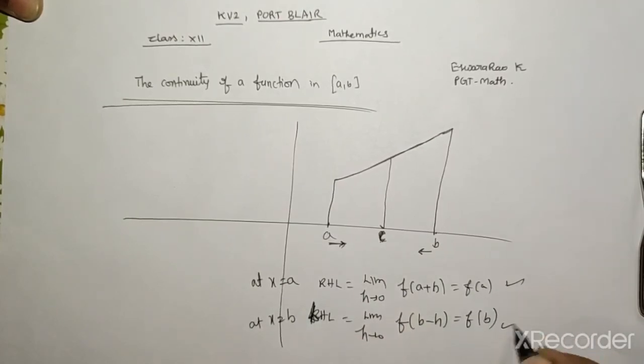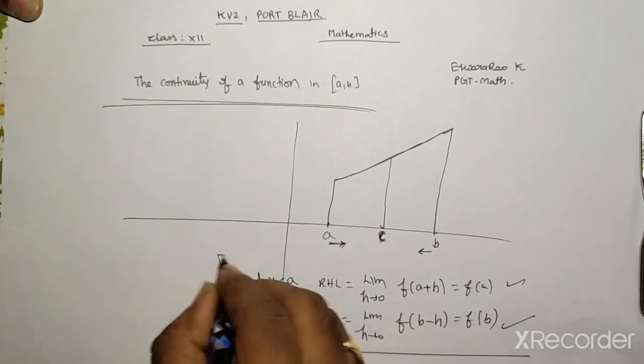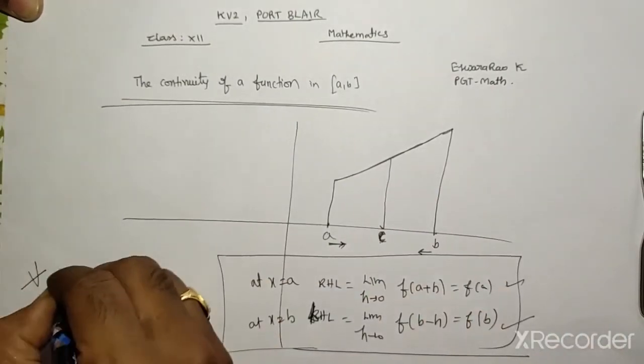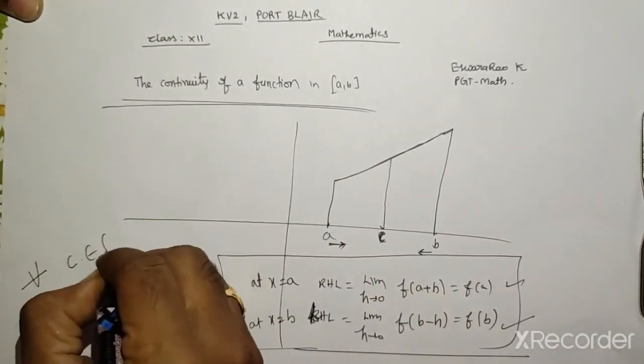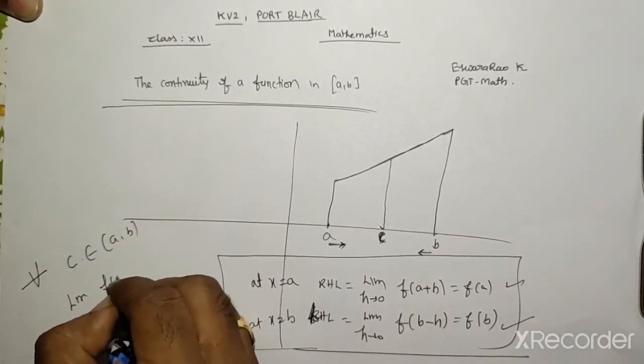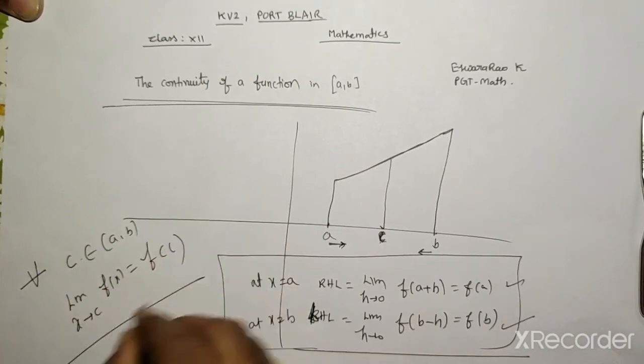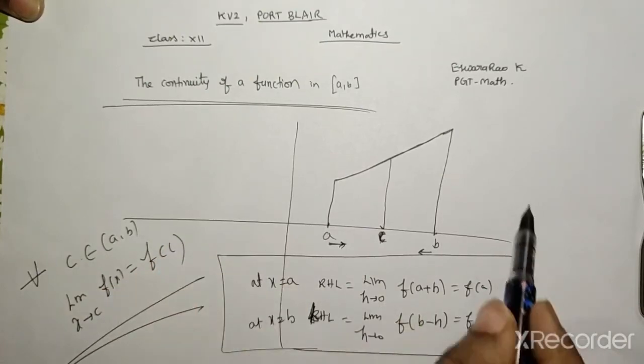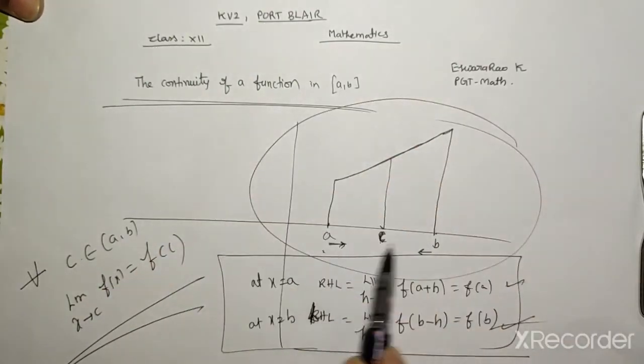So these two must be defined like this, and also for all c belongs to the open interval ab, limit x tends to c f of x is equal to f of c. If all these three things happen, then the function is continuous in the closed interval ab.